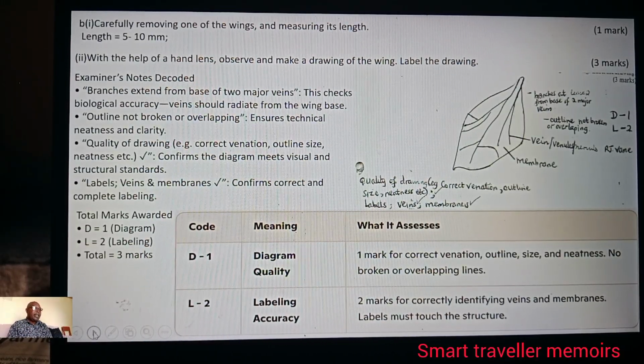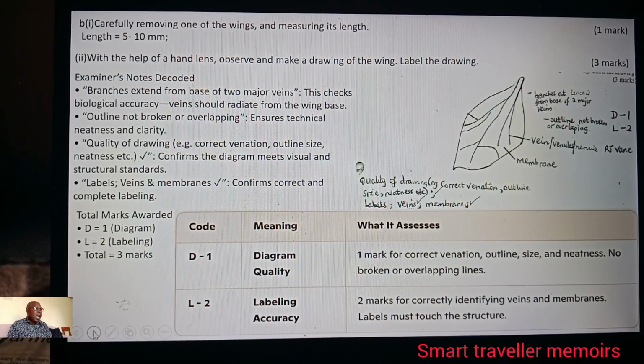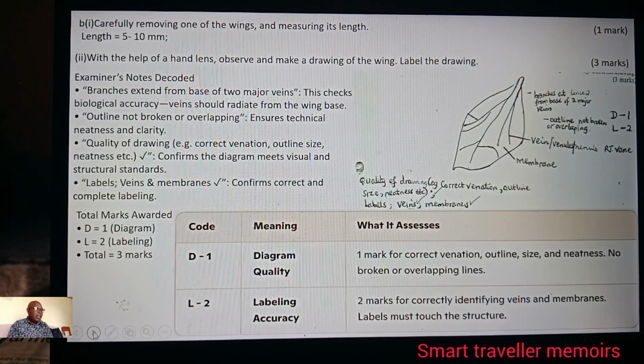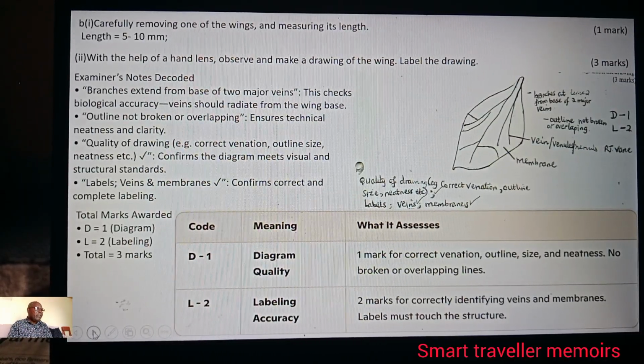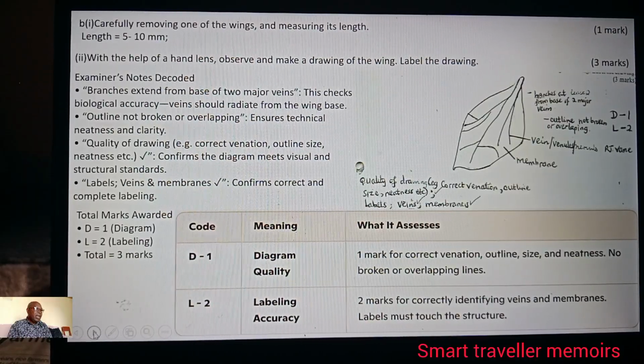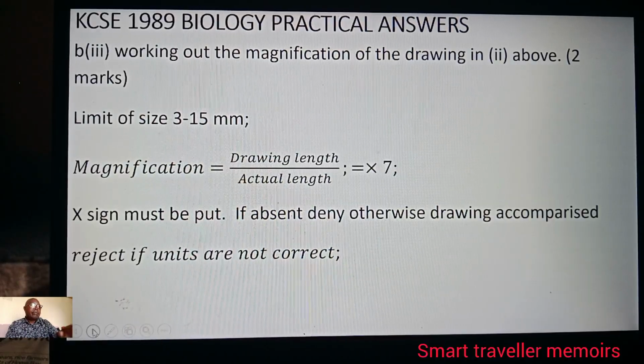So the meaning is that D is diagram quality, and what it assesses is 1 mark for correct venation, outline size and neatness, no broken overlapping lines. L is labeling accuracy, 2 marks for correctly identifying veins and membranes. Label lines must touch the structure.